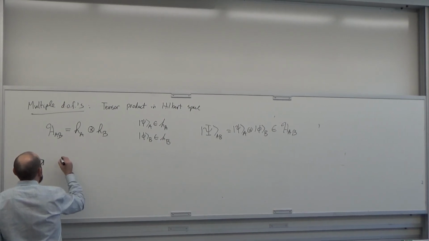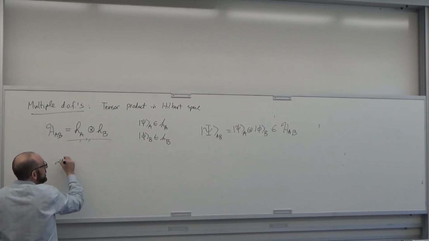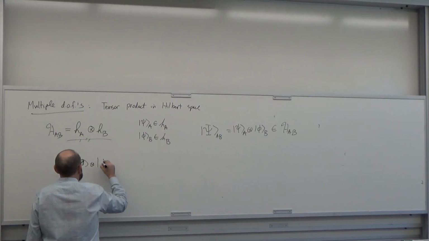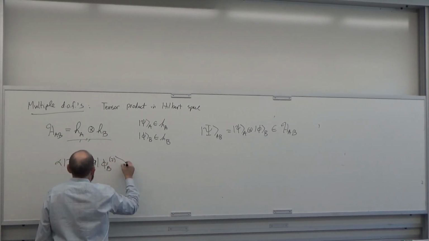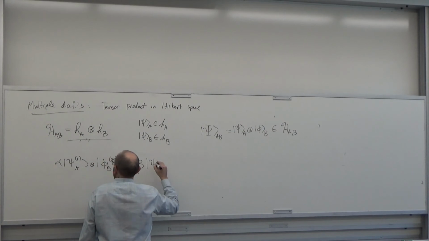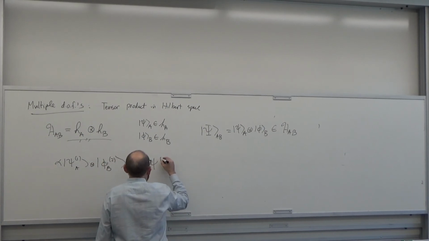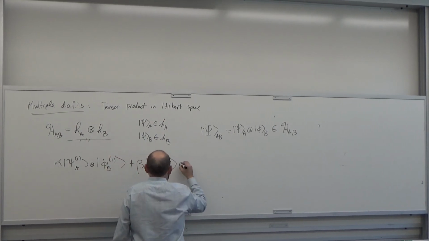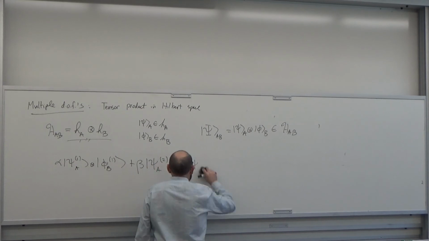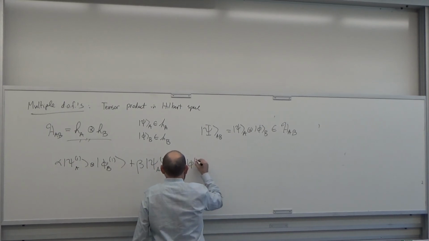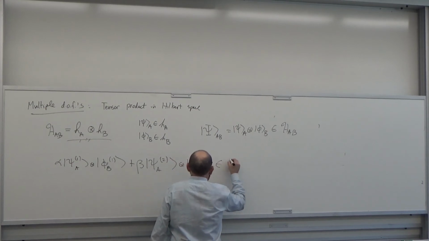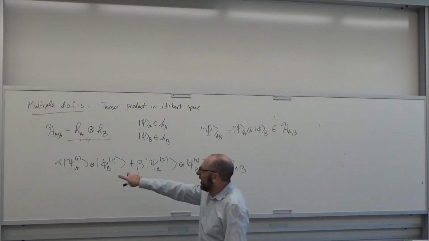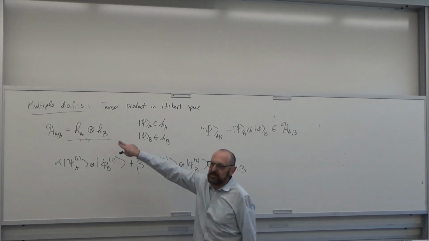It's a tensor product Hilbert space if I can take the superposition of these guys, and that's in the Hilbert space. Okay. So I take a superposition of these products, and that's in the space, then it's said to be a tensor product space.